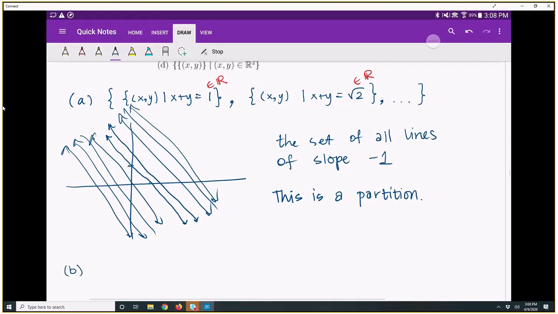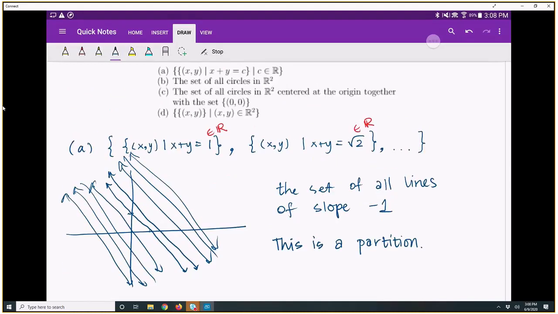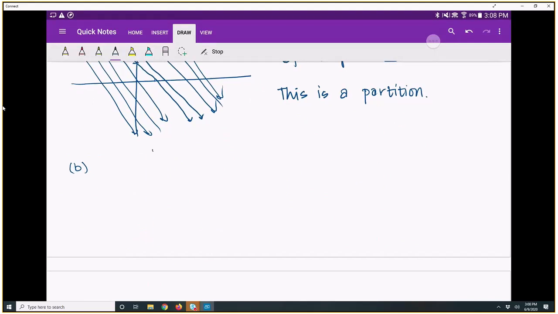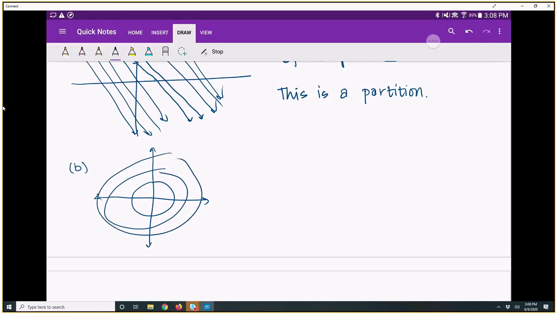Now let's think about the set of all circles in R2. Again, we know it's a subset of the plane. The question is, can I partition the plane into circles? Of course, I'm drawing terrible circles, but for the same reason as the lines, if we think about drawing more and more circles, and all of them are centered at the origin.